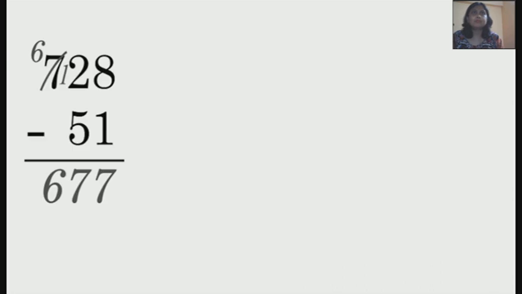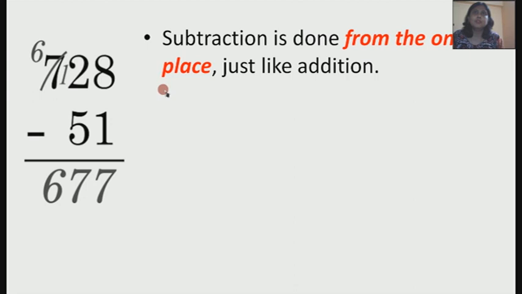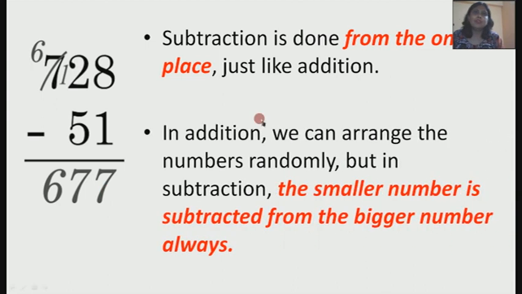Look into this sum. Subtraction is always done from the ones place or from the right hand side, just like addition. In addition, we can arrange the numbers randomly in any order, which means 51 plus 728 will have the same answer as 728 plus 51.